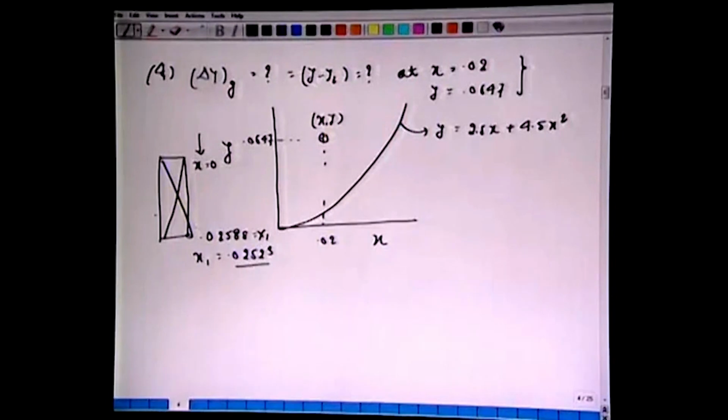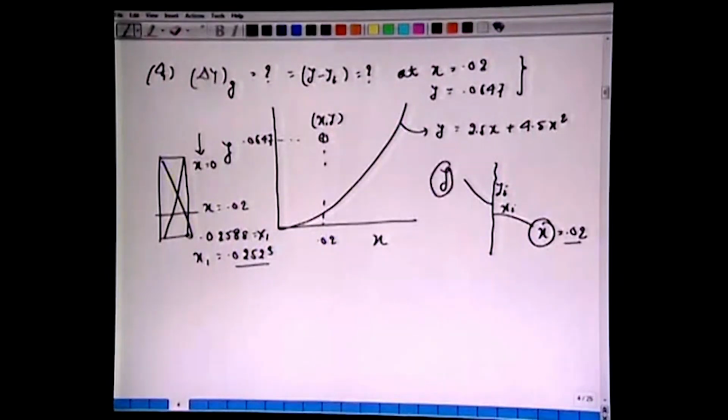So, the location where x is 0.02, that is what we are trying to find out. So, we have this interface and we have this yi and xi, we have y and x. So, x is 0.02 and corresponding to this x equal to 0.02, y is calculated as 0.0647.